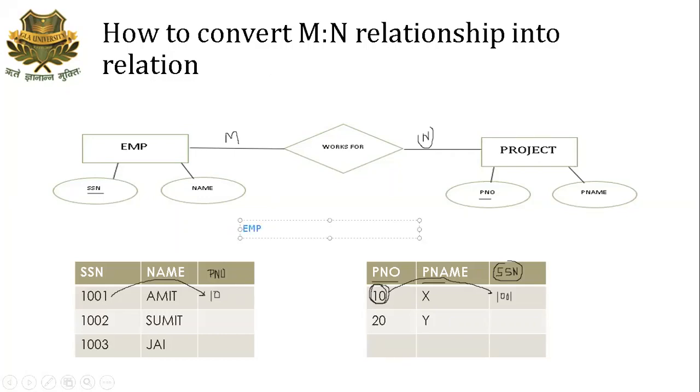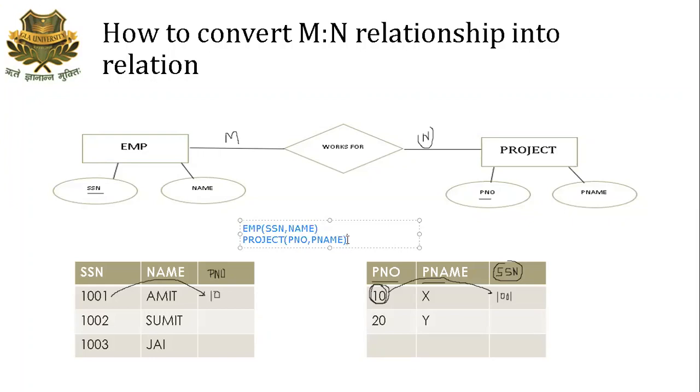The first relation is EMP with SSN, comma, name, and the second is project, with the attributes project number and project name, right? If you add the project number in the employee relation, there is a problem. If you add the social security number in the project relation, there is also a problem.